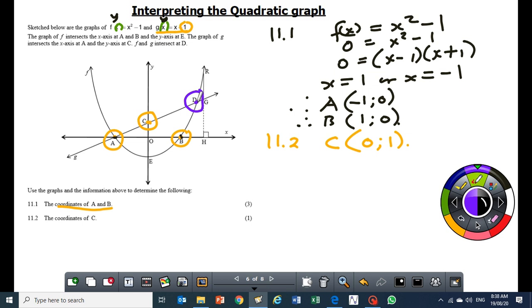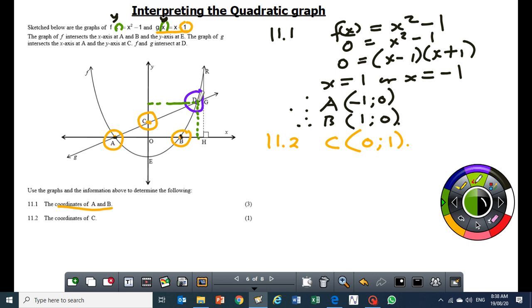Now when two functions intersect, their values for x and values for y will be the same. Any two functions, if they intersect, means at that point, their values of x and y will be the same. So both of them have the same x value, both of them have the same y value.